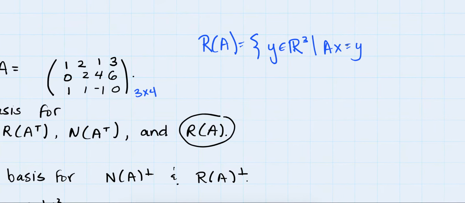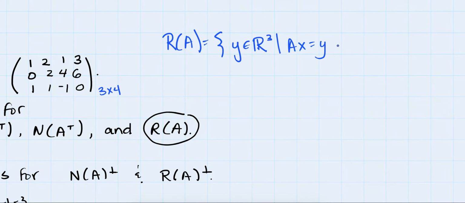So it's the set of all y in R3 such that A times x is equal to y for x in R4.